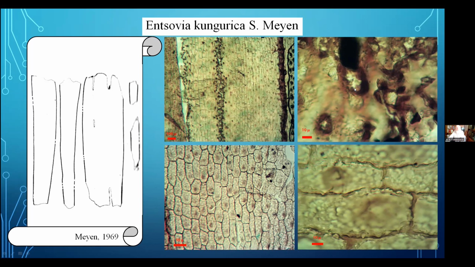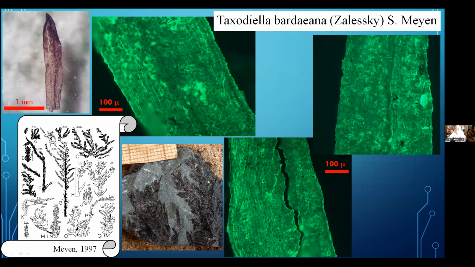Several impressions of such shoots were found in the Dubensky quarry. You can see them here. But none of them in the Dubensky quarry retained any suitable cuticle, and only one compression of an isolated leaf was found as a product of the bulk maceration. This one.